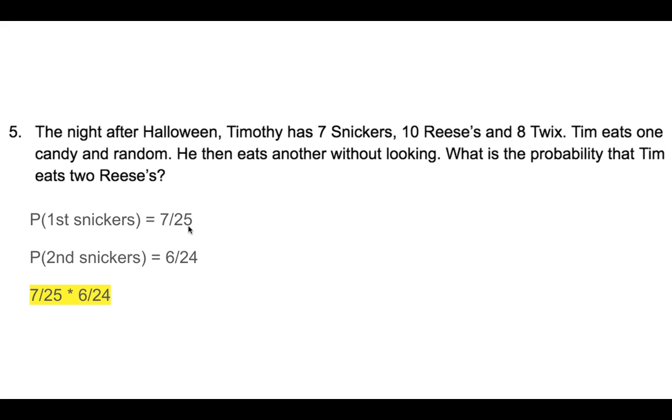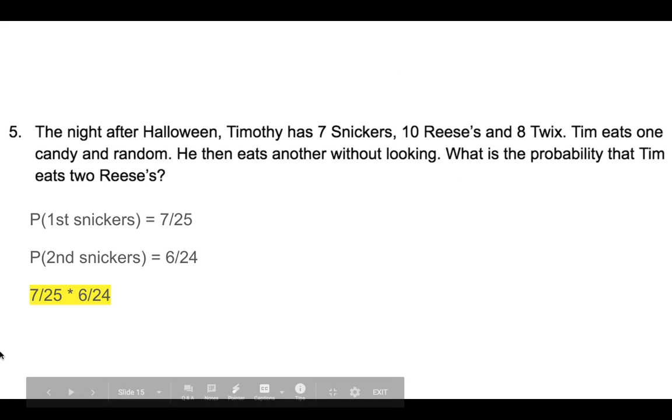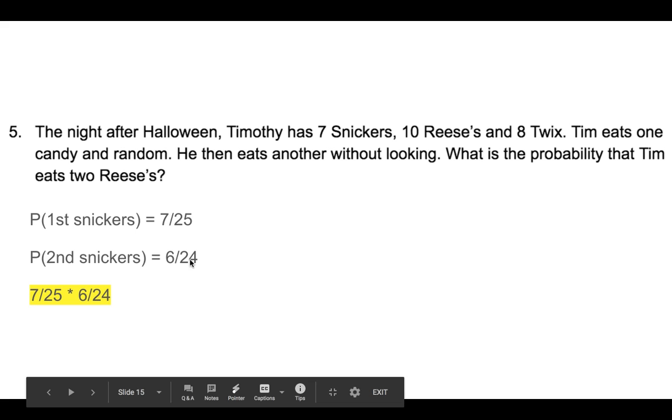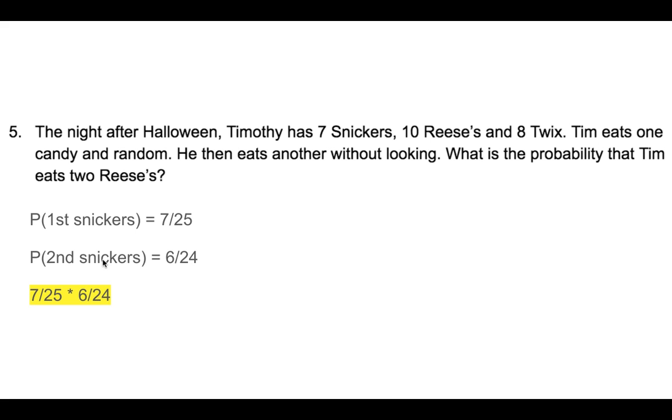After I ate one of my Snickers, I no longer have 7. I ate 1. So if I already ate one of those 7, I only have 6 Snickers left. And then if I started with 25, but then I ate 1, again, I'm down 1. So when I go to get another candy, there's only 24 left. And of those 24, only 6 are Snickers. And then you're just going to multiply those 2 together.